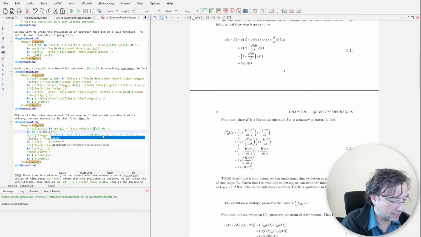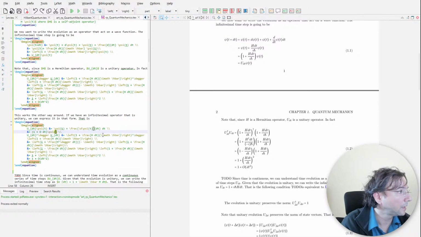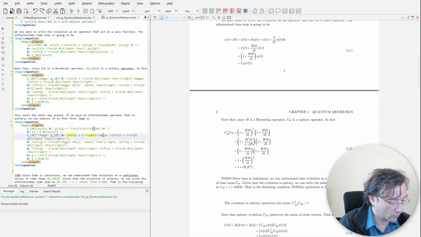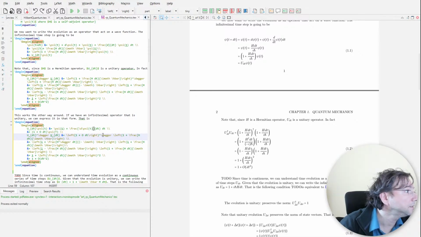On psi of t. So we can do that. Then we're going to say that this U dagger is now not going to be this thing, but it's going to be this O dt.